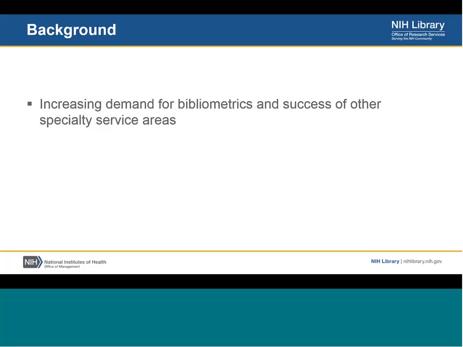Starting around 2013, 2014, the library leadership noticed an increasing demand for bibliometric services. They had also just established additional custom service areas at the library. They had developed a very successful bioinformatics program in previous years, and they had just launched the data services program, which also became very popular.